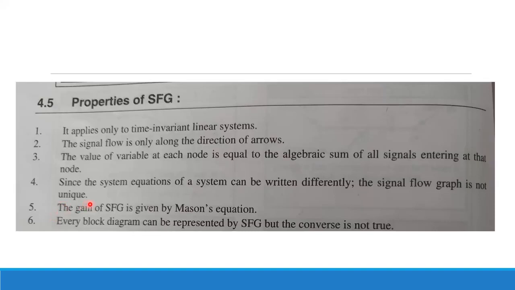The gain of a signal flow graph is given by Mason's gain formula. We will study Mason's gain formula in the next video. This will give us the transfer function, or the total gain of the whole system.